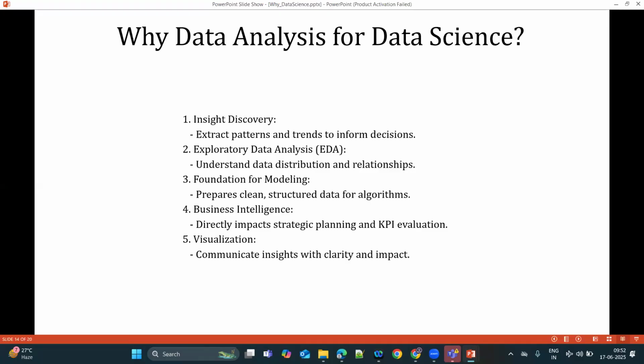So yes, exactly. In order to understand the patterns and extract the trends from the data to make decisions, we need to use data analysis.